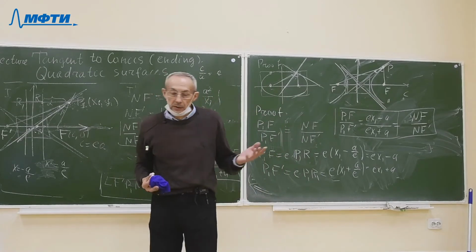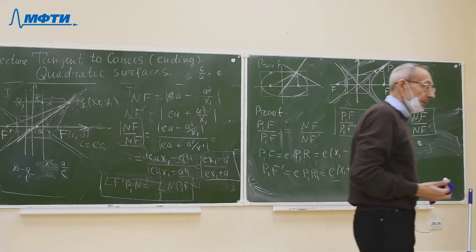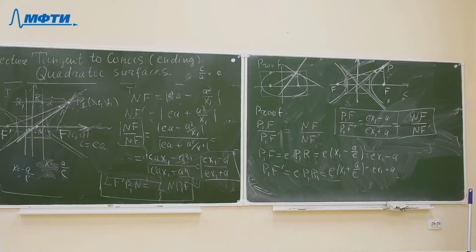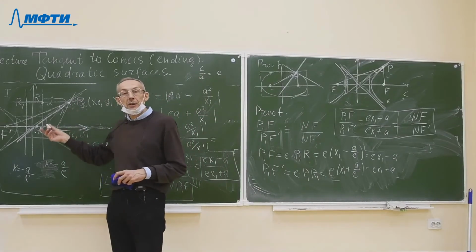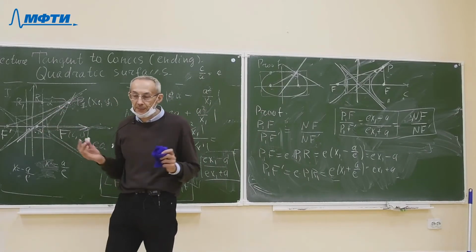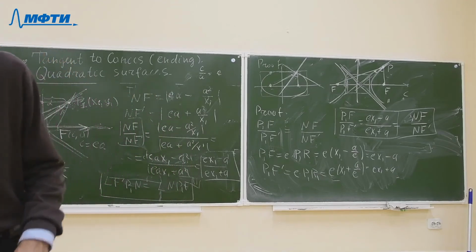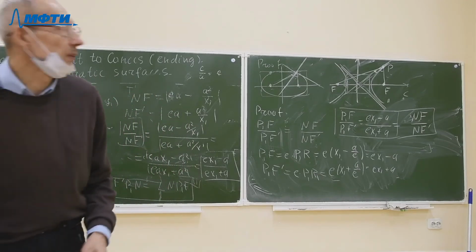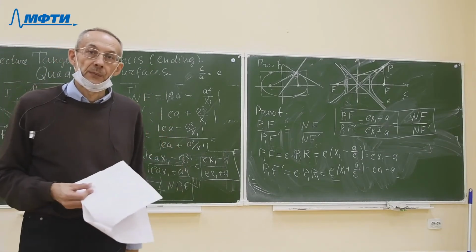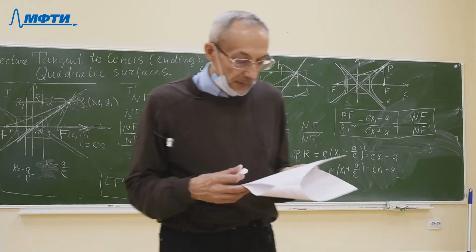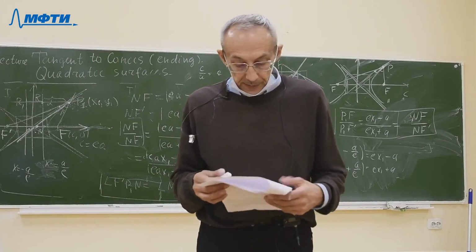And in both cases we have two properties which are analogs of each other. But in these two cases we change tangent and normal straight line. But the assertion is the same. This straight line bisects the same angle between the foci.